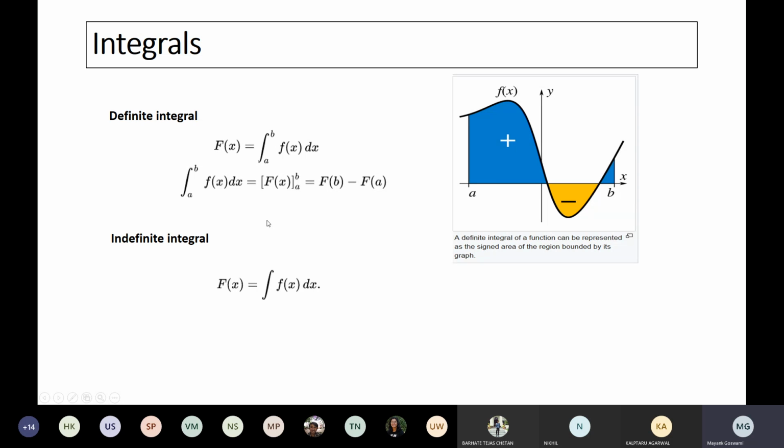And there is another type of integrals, indefinite integrals, where we don't have any definite limits. These are the basic integrals that you know already. You have learned all of these in your class 11 or 12.